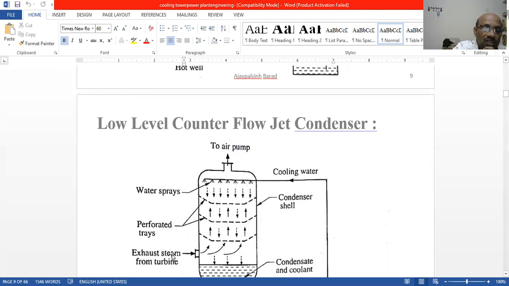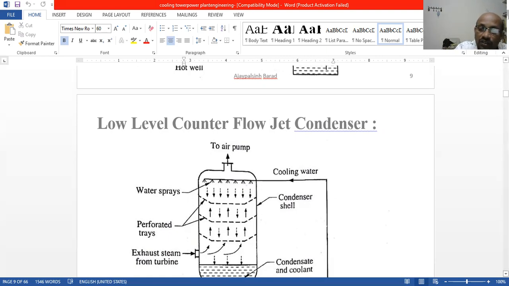Here is where steam is coming. Steam is going up and cooling water is striking, and both are mixing very clearly. So over there it is very easy to mix the water. That is one of the main advantages.